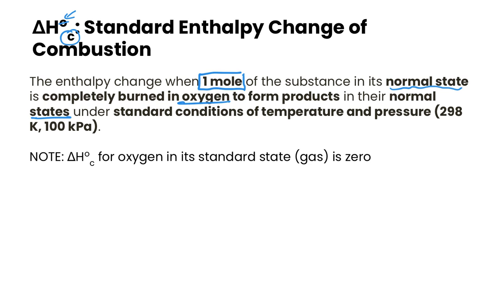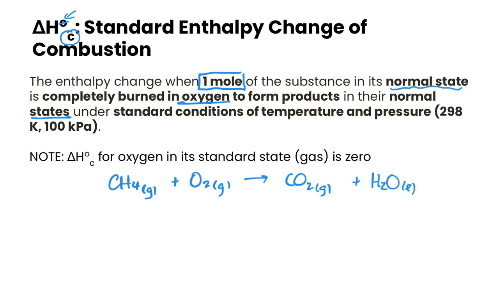So for example, if we have methane gas and we react that with oxygen, then we produce its normal products, which is CO2 gas and water. And then what we would do is balance this for 1 mole of our methane gas.